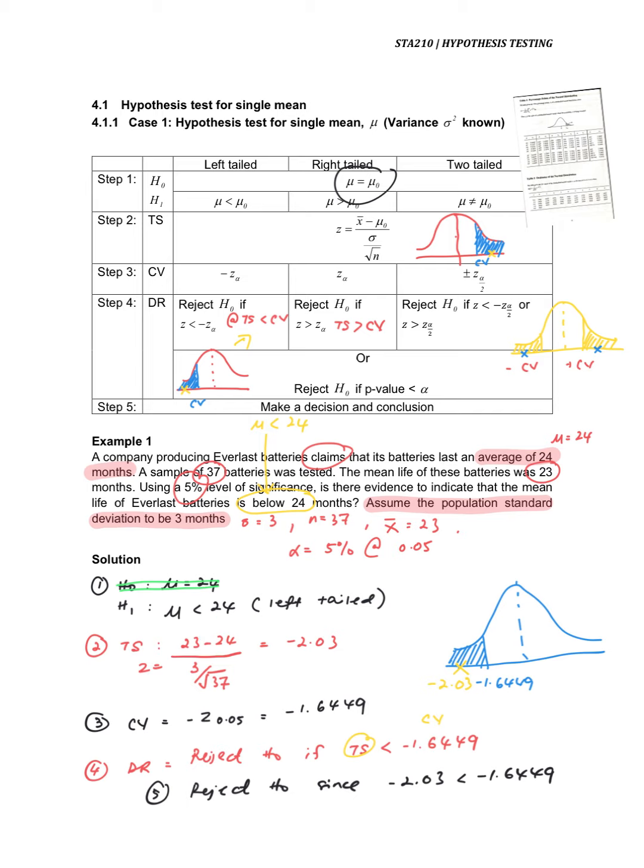So awak tulis ayat yang betul. There is a significant evidence to indicate that the mean life of average battery is below 24 months. Okay, or in simple words, we can write as mu less than 24. Okay, so make sure you write the answer in the full sentence.